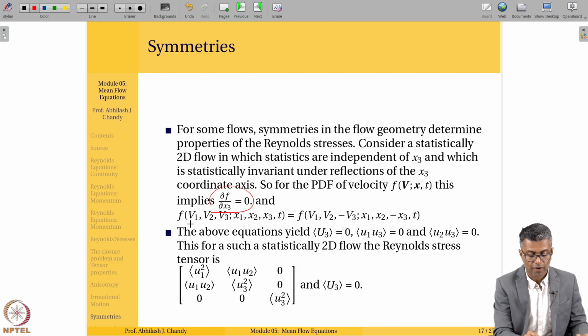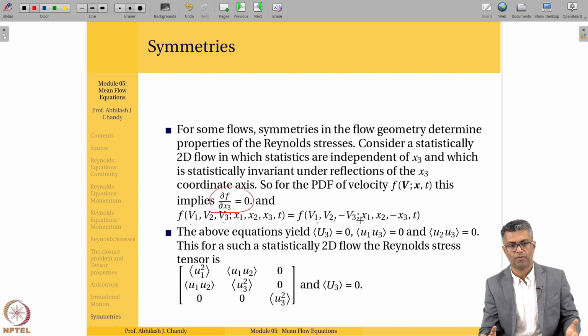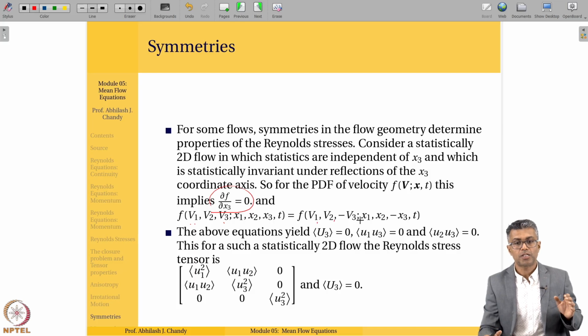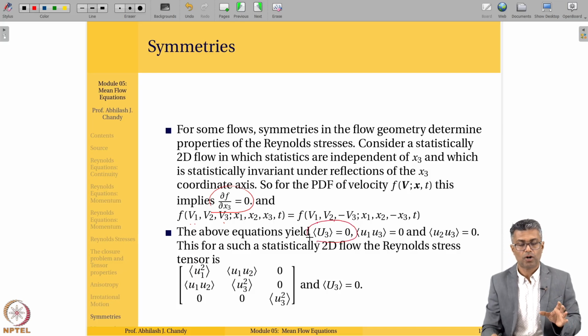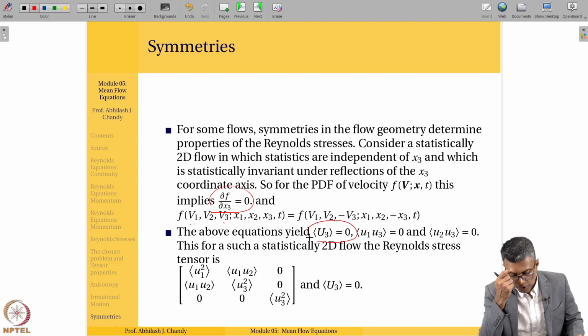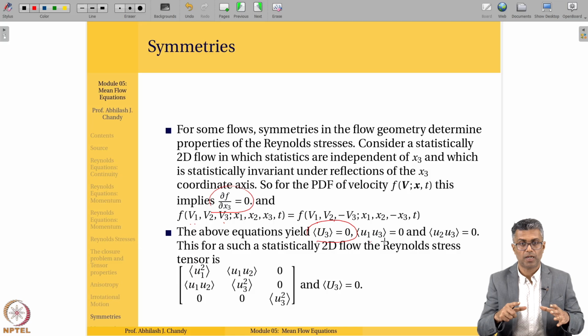So that means f(v1, v2, v3) is the same as f(v1, v2, -v3) because they are invariant to reflections. This means the mean of the u3 component is going to be 0. The Reynolds stress terms u1'u3' is going to be 0, and u2'u3' is also going to be 0, because anything related to u3 is going to be 0.